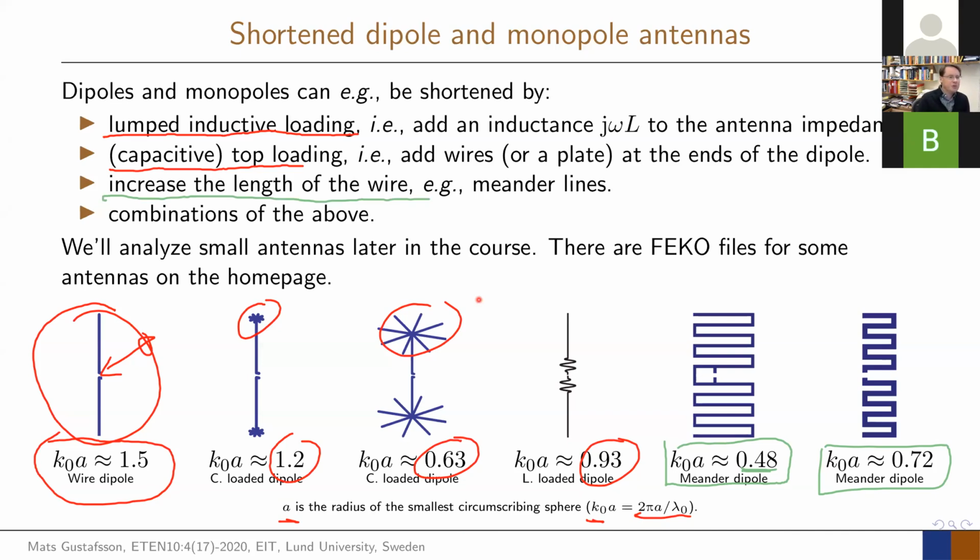Because when you think about your antenna, what's interesting if you want to fit it somewhere is the height and, of course, the width. What is interesting for the antenna to work is actually more the length of the wire that goes around, because that is the way the current has to propagate.